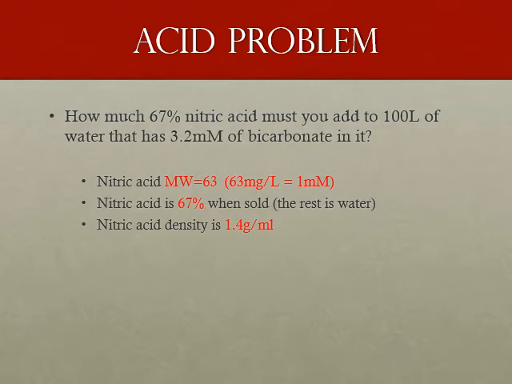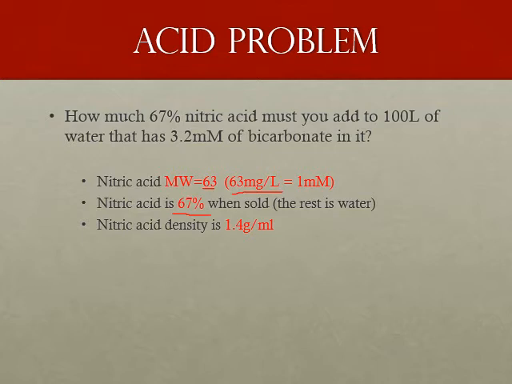So here are some things you have to look at when you're doing this math. Yes, math again, I'm sorry. We need to know the molecular weight of nitric acid. That is 63, right? That means that a 1 millimole solution is 63 milligrams per liter. And if we are dealing with 67% acid, that means 67% of the solution is nitric acid.